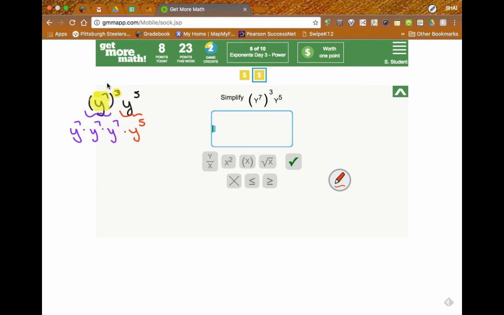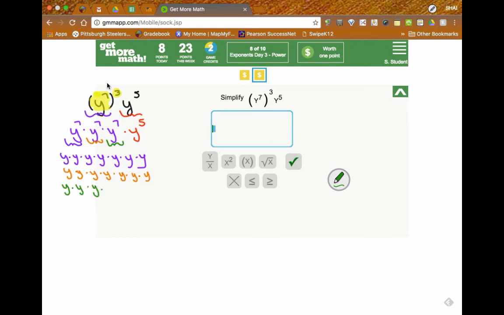And now what you have to do is actually expand each of those out. So you're going to have 3 sets of 7 y's. So this here is going to be 1, 2, 3, 7 y's. So that's that one. And then to do this set, you have another set of y's. To do this set, you have another set of y's.